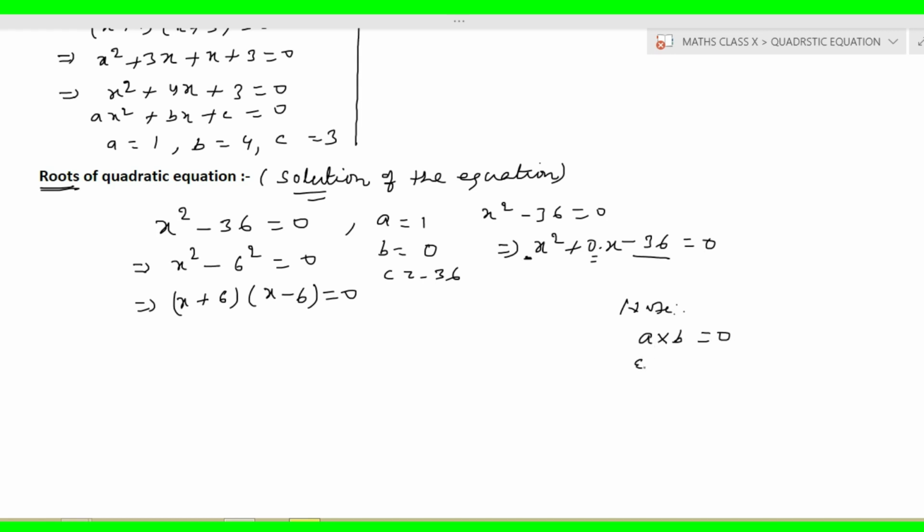So either a will be 0 or b will be 0, or both will be equal to 0. Whenever you get an equation where the product of two numbers is 0, either the first part will be 0 or the second part will be 0 or both will be 0. Here also we are getting the same thing: x plus 6 into x minus 6 are the two numbers whose product is 0.